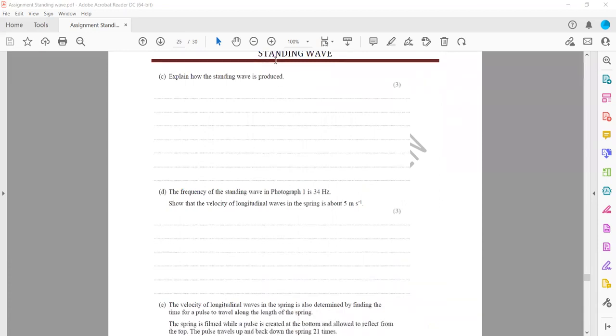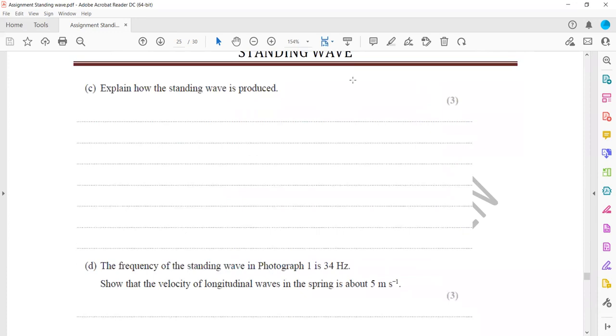How are standing waves produced? Again, this is a very common question. Two progressive waves traveling in opposite directions meet, superimpose, or interfere with each other and give rise to a standing wave.